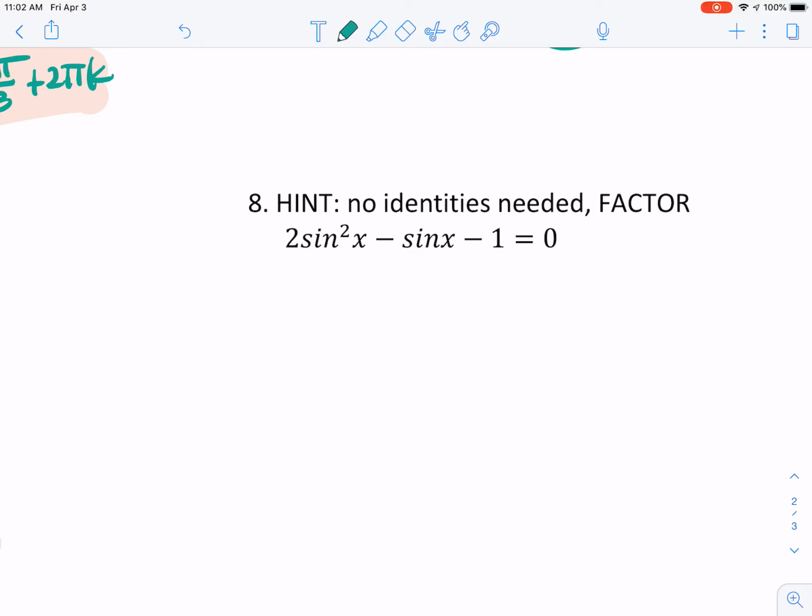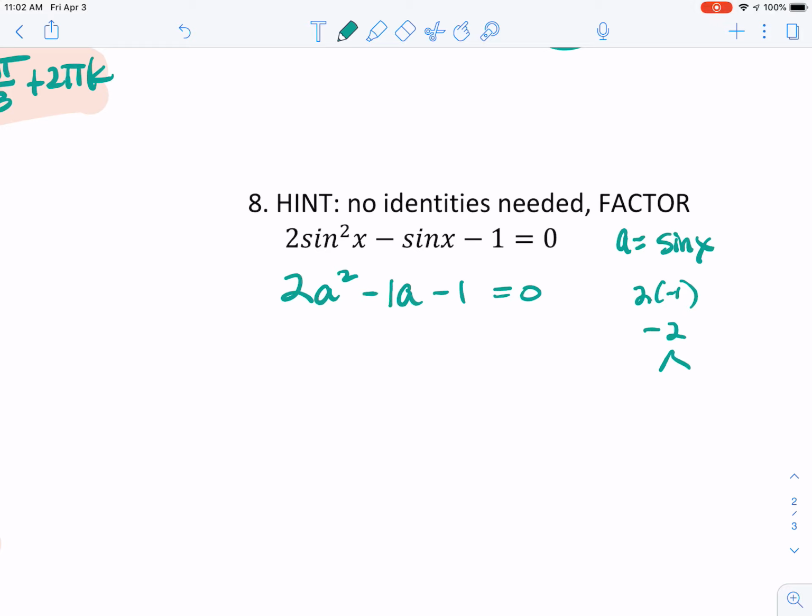So again, let's let a equal this time sine x. Then we'll rewrite this as 2a squared minus a minus 1. Now, this is a factor by grouping, so I need to multiply 2 times the negative 1, which is a negative 2. There's an understood 1 in front of this a.